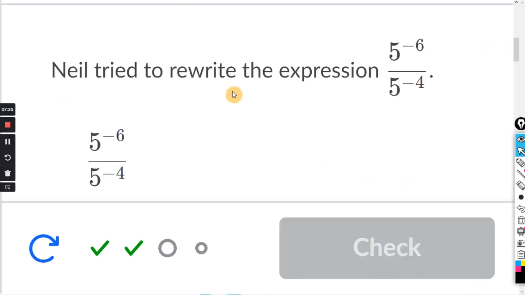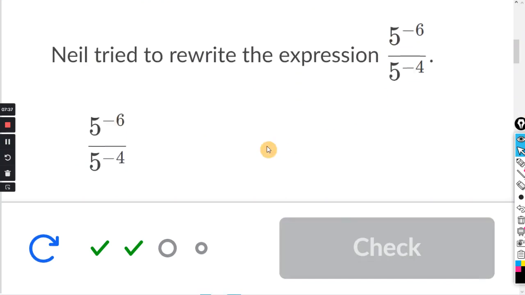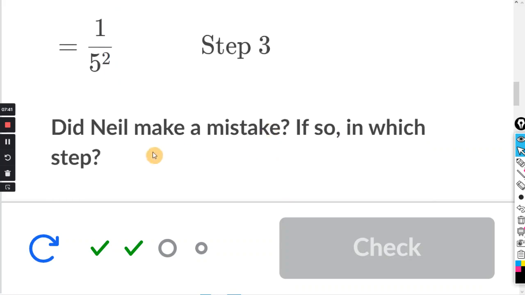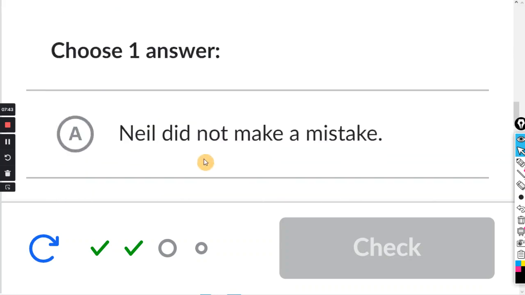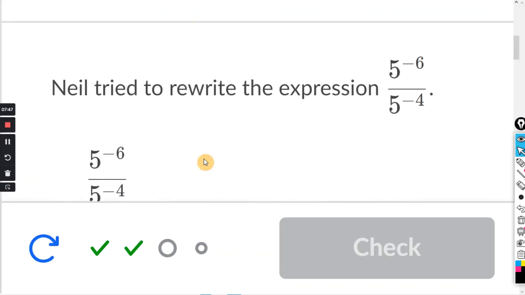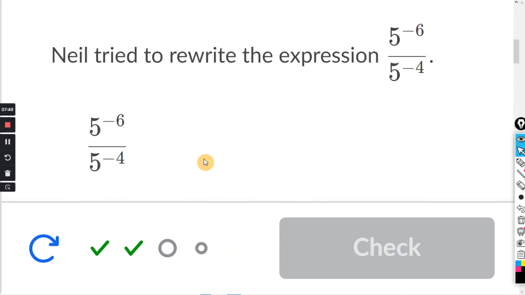Okay, Neil tried to rewrite this expression here, and he goes through his steps. Okay, and they want to know if he made a mistake in which step. All right, so I'm going to go through this myself and simplify it and see if it matches what Neil did. All right, so we have the 5s that match.